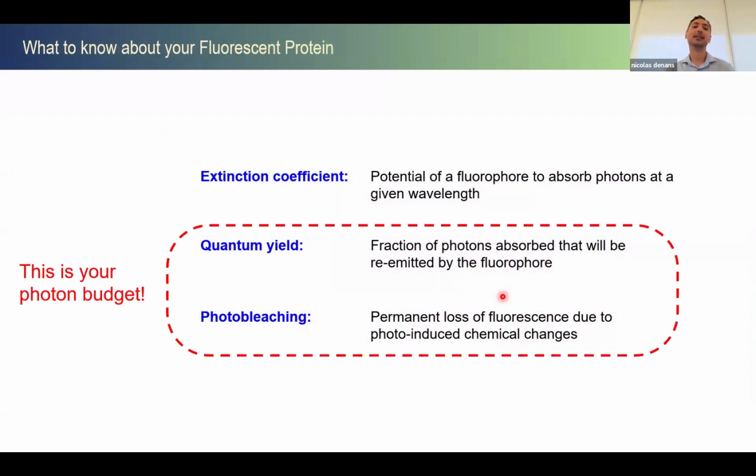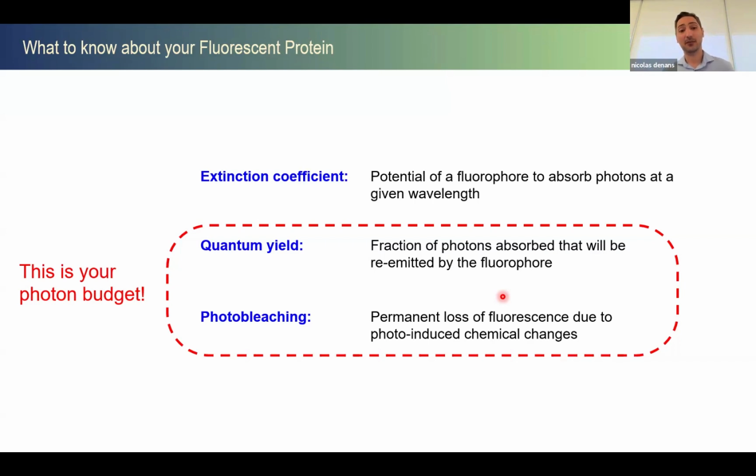We are going to be hitting our fluorescent protein over and over with light. So we need to decrease ROS, reactive oxygen species, as much as possible to keep photobleaching as low as possible.